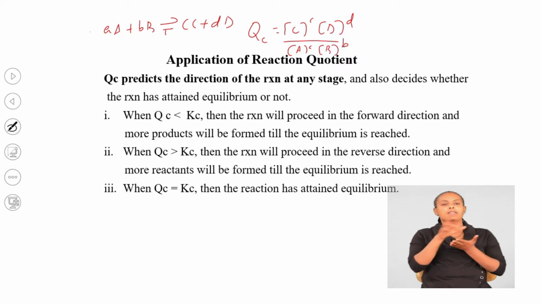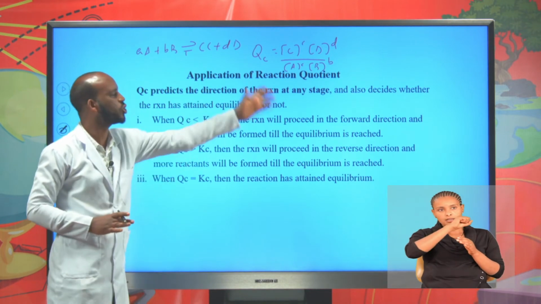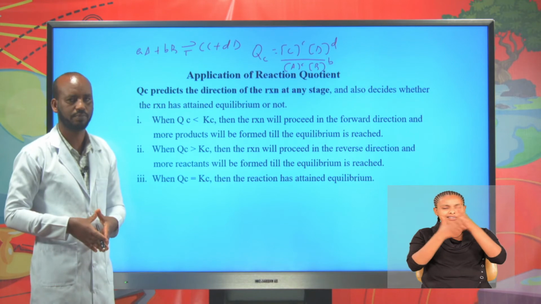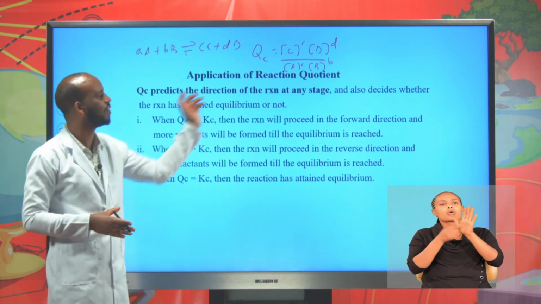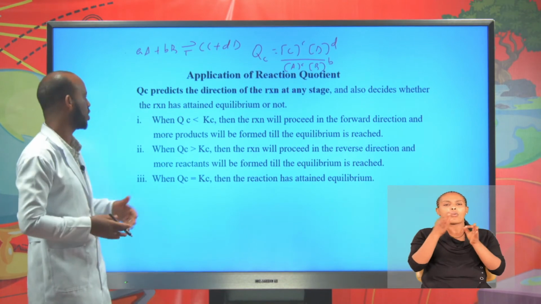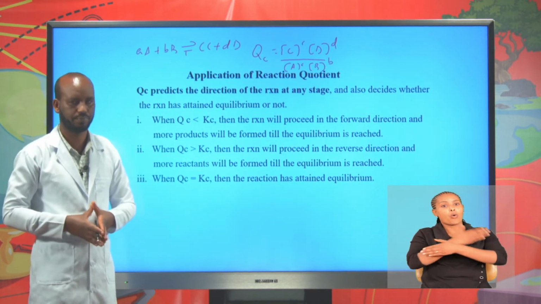The reaction quotient Qc predicts the direction of the reaction at any stage, at any time. It shows the direction of the reaction and decides whether the reaction has attained equilibrium or not.